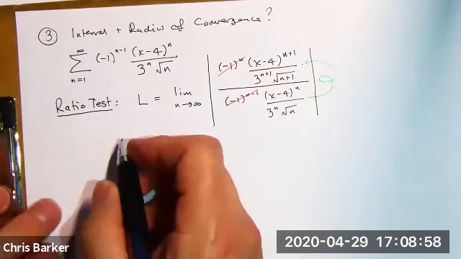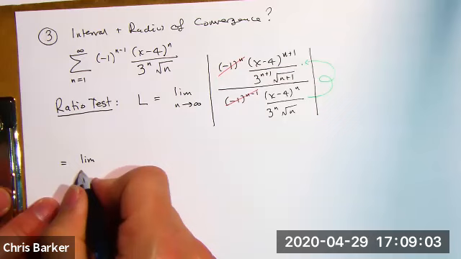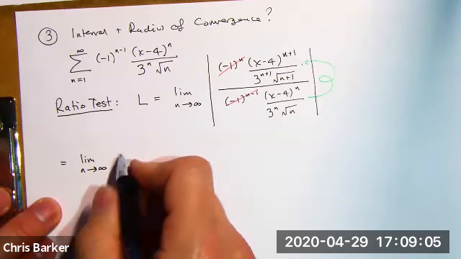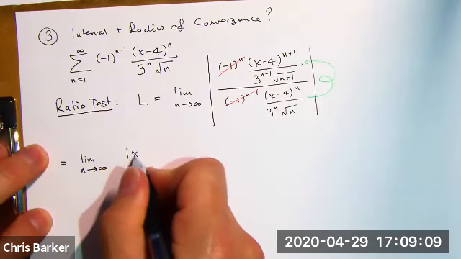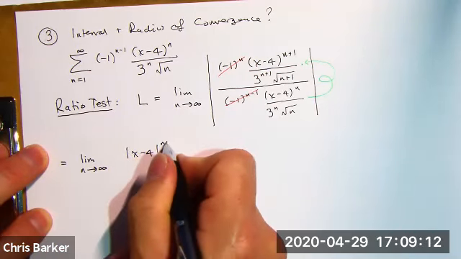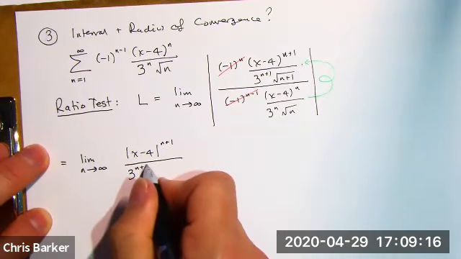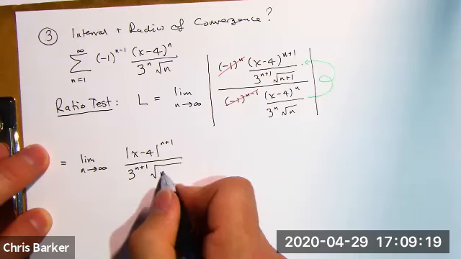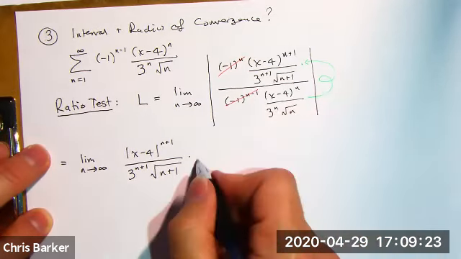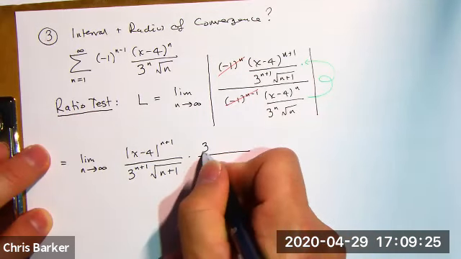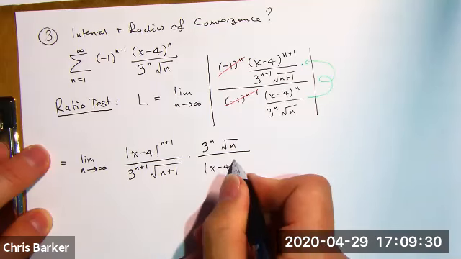All right, so doing that, I get the limit as n goes to infinity of the absolute value of x minus 4 to the n plus 1 over 3 to the n plus 1 square root of n plus 1 times, and remember the other one's going to go upside down, 3 to the n square root of n over the absolute value of x minus 4 to the n.